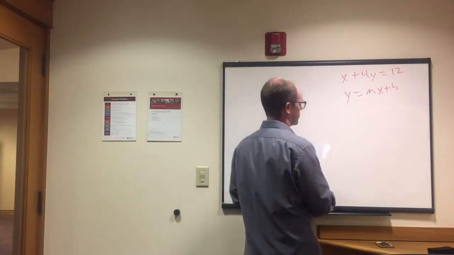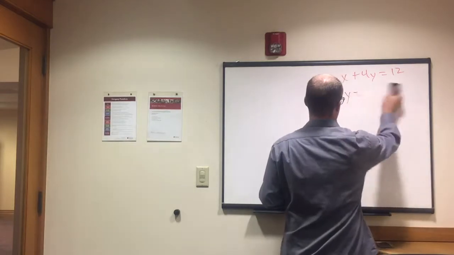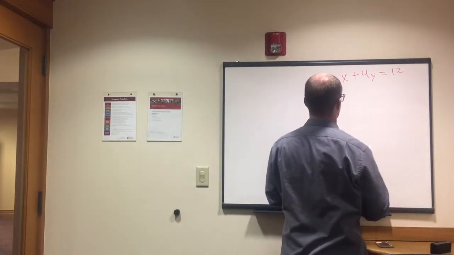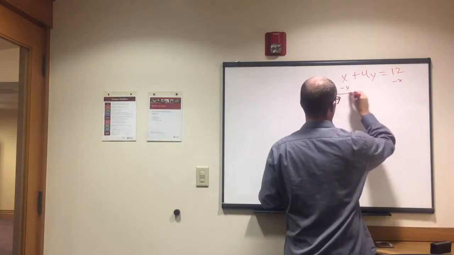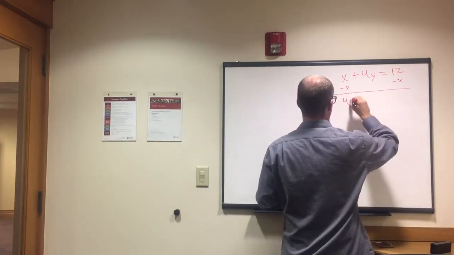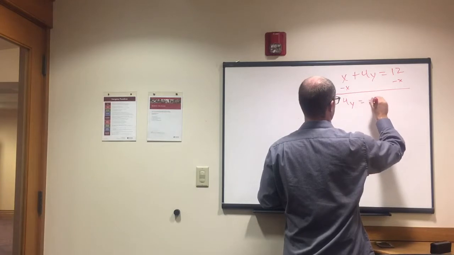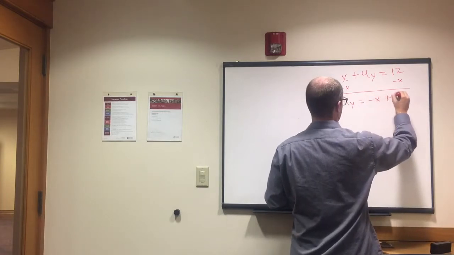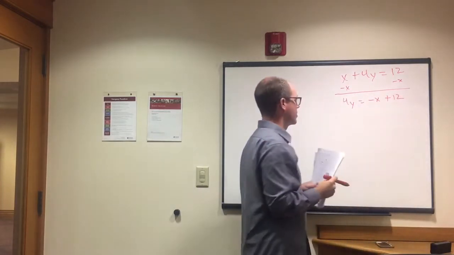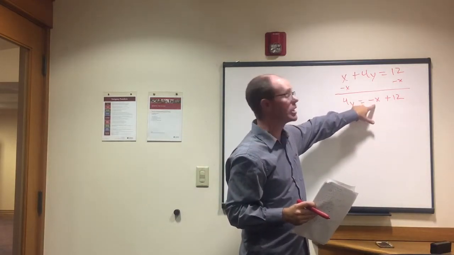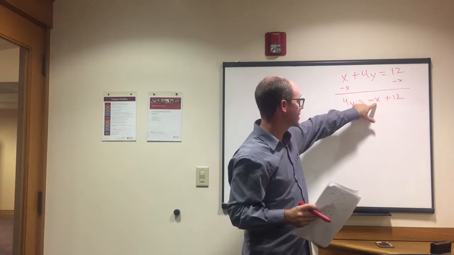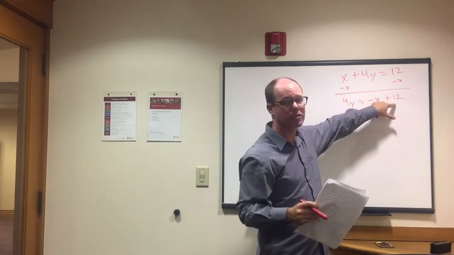So what we're going to do, subtract x from both sides. Okay, so now we have 4y equals negative x plus 12. So we have the y equals, right, it was mx plus b, it is negative x plus 12. 12 is the b.